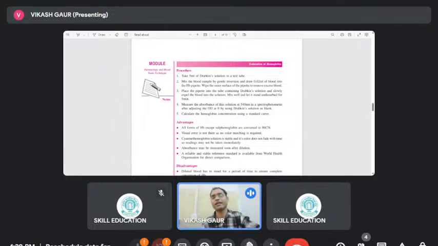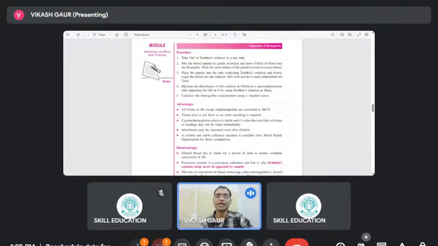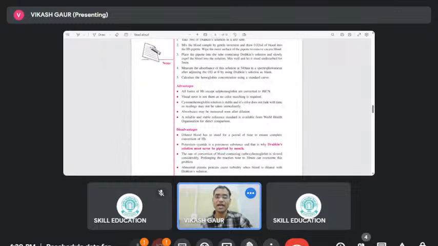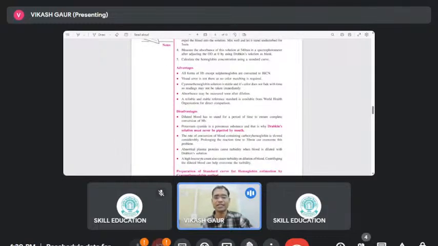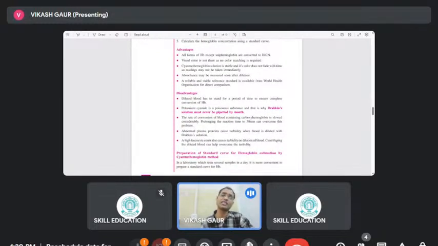We don't require adding any distilled water, and directly we can read the absorbance with the help of a spectrophotometer or colorimeter, whatever is available in the laboratory, and calculate with the standard curve method. And there are advantages and disadvantages. There are various advantages of cyanmethemoglobin.